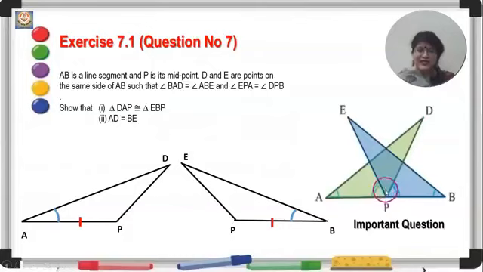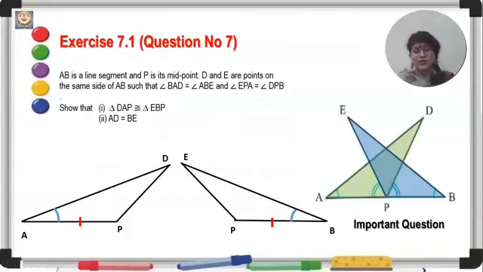But these two angles are not a part or not any element of this triangle. Because if you look at this angle, it is EPA. And this angle is DPB. So DPB you don't have out here, right?